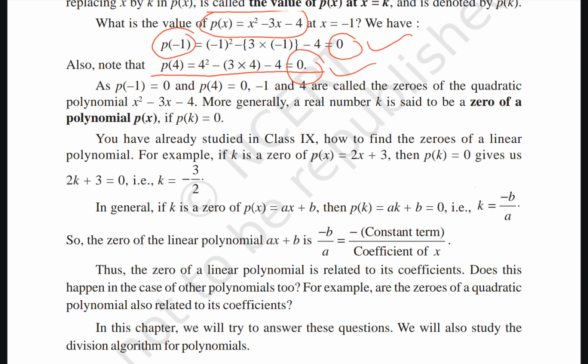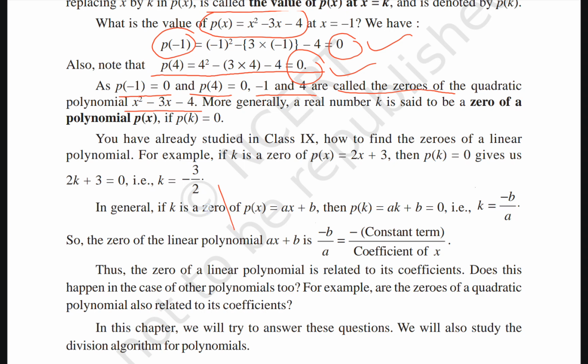So as p at minus 1 is equal to 0, and also p at 4 is equal to 0, we can say that minus 1 and 4 are called the zeros of the quadratic polynomial x square minus 3x minus 4.